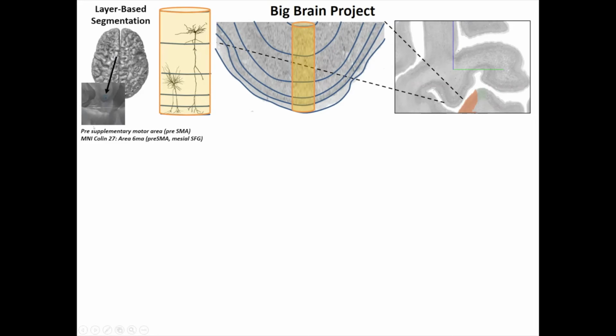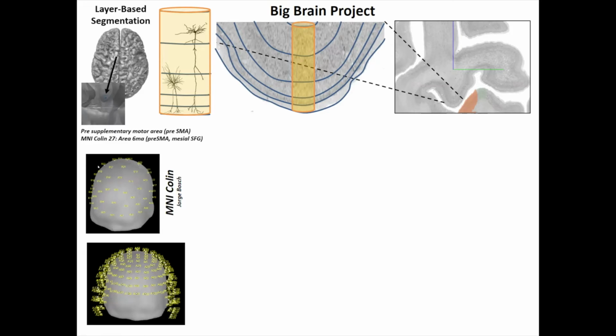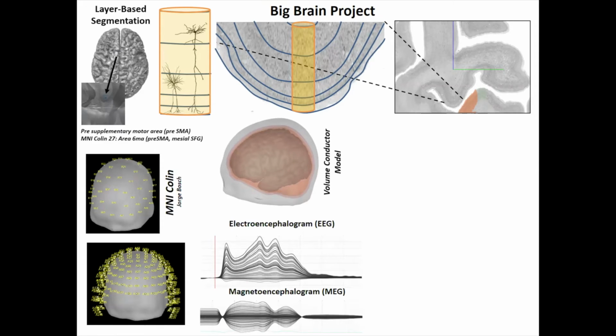what we did was to put a mini column in the supplementary motor area, simulating an area that is well known, participating in performance monitoring. Then we have used the co-registration of BigBrain to Colin's MRI, performed the source analysis and the volume conductor characterization, and we were able, for the first time, to reproduce the signature that this calcium spike imprints in the EEG and MEG.